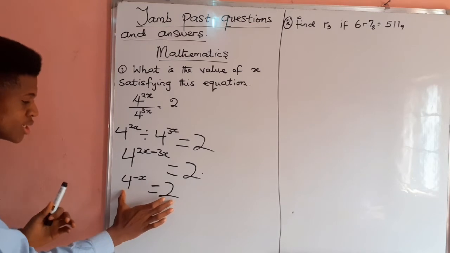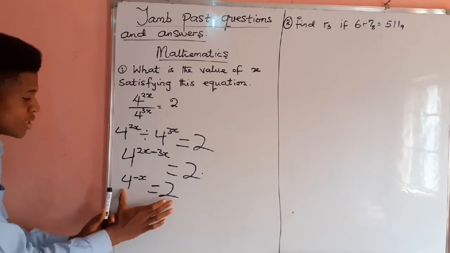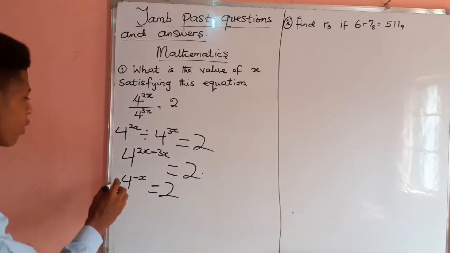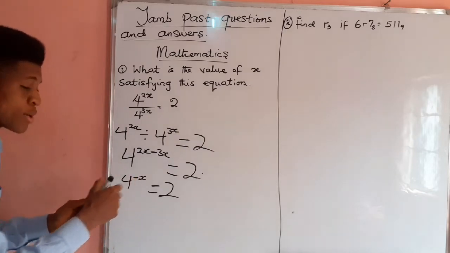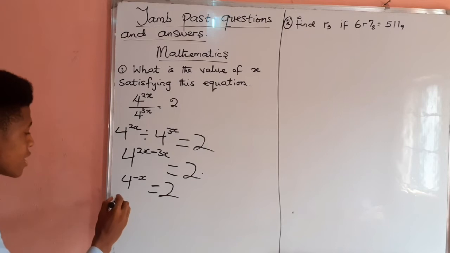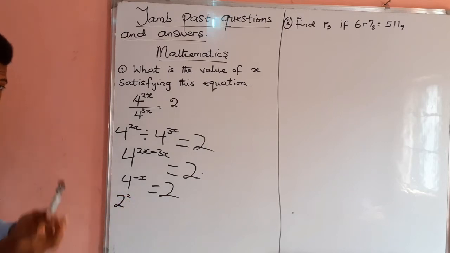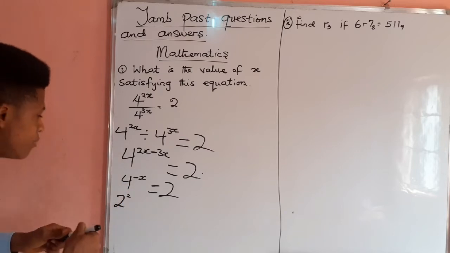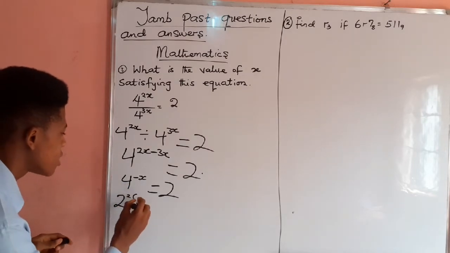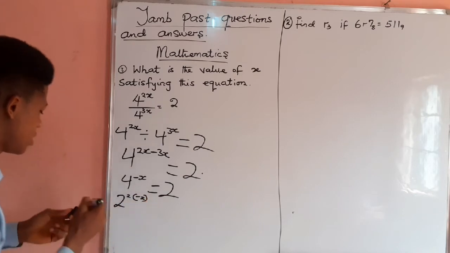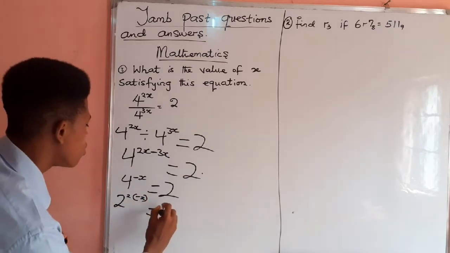And when we're dealing with indices, we have to make these two base numbers the same so they can cancel out each other. We know 4 can also be written as 2 raised to the power 2. 2 raised to the power 2 is 2 times 2, which is 4. And then we open in brackets, raised to the power minus x, which is equals to 2.